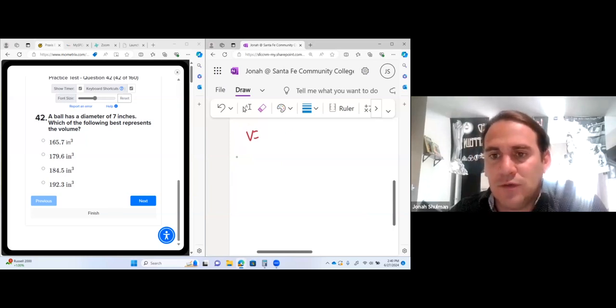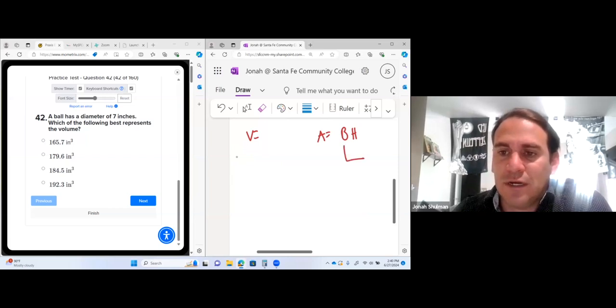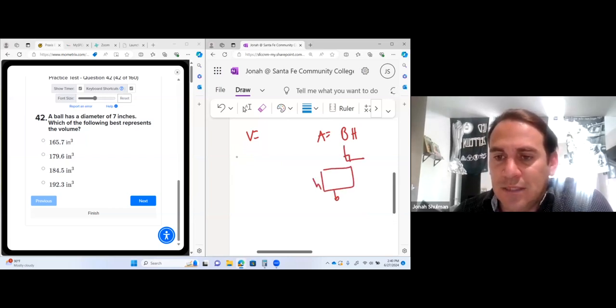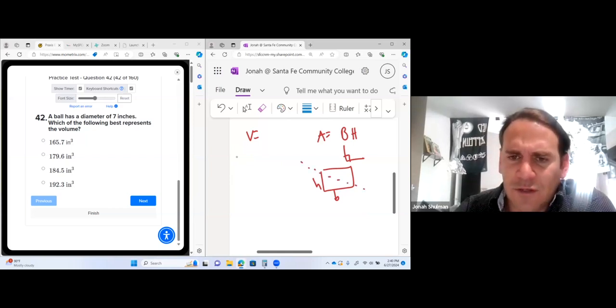Let's think about this. Area is just the base times height for any shape, as long as it makes the right angle. That's why it's base times height. A triangle you can cut in half, but it's basically just going to be base times height. Now for volume, it's just the height times the base area. Okay, that's the difference.